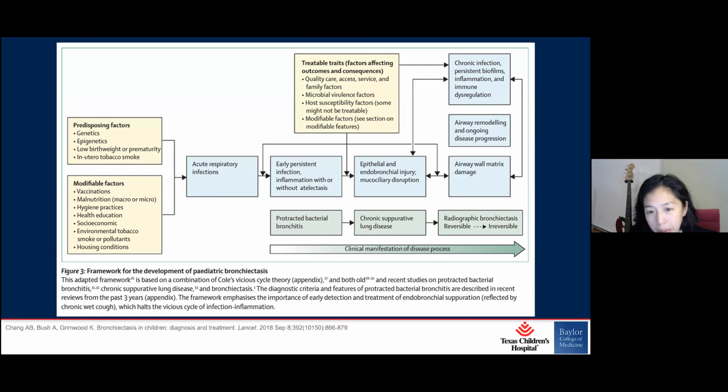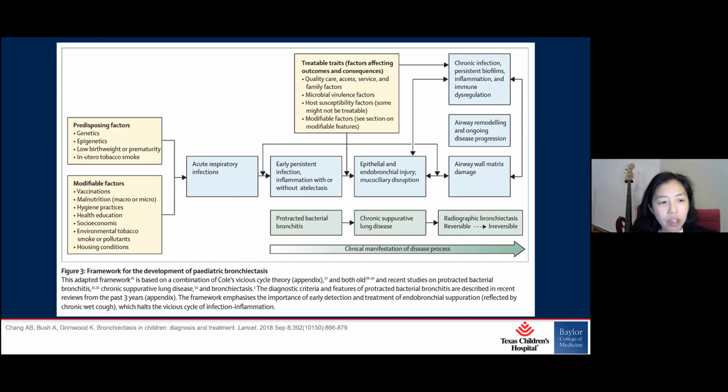Well, we care about PBB because these chronic infections eventually will lead to epithelial changes, and then changes in airway remodeling and changes in the lungs that can eventually become irreversible, leading to hypoxemia, exercise intolerance. And some of these patients go on to needing lung transplant for this.